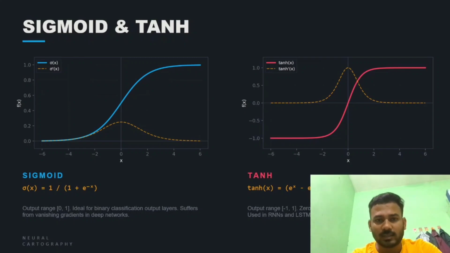But there are a couple of drawbacks or demerits, I would say, in using the sigmoid and Tanh activation functions. They are likely to have the vanishing gradient problem. So what do you mean by the vanishing gradient problem?